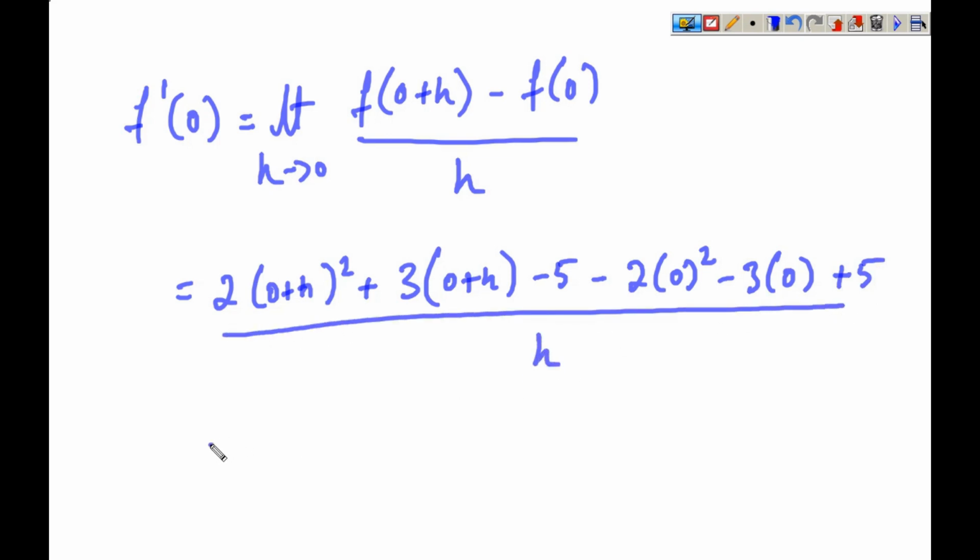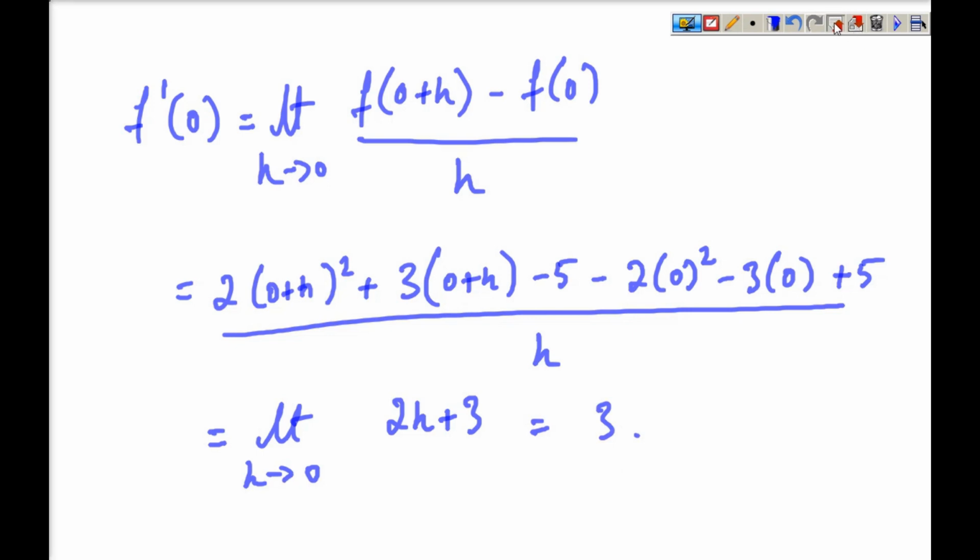So it boils down to, again, limit h approaches 0 of 2h plus 3, which comes out to be equal to 3.